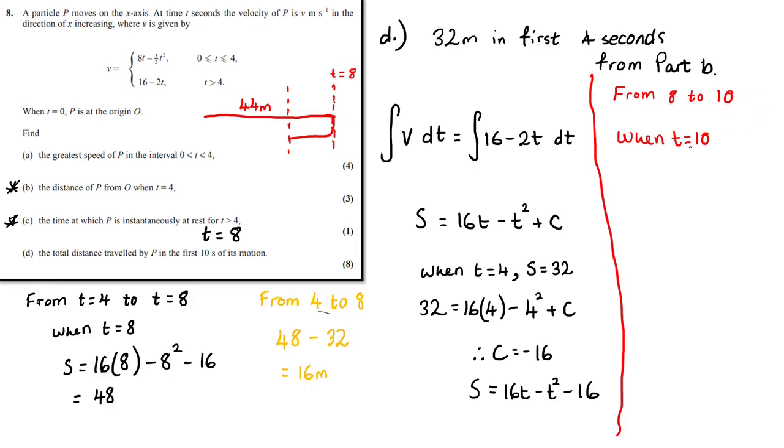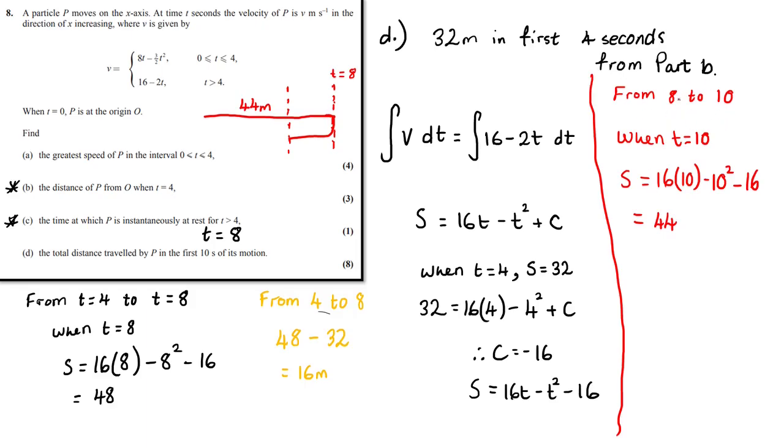So when t equals 10, we get s equals 16 lots of 10 minus 10 squared and then minus 16. Put that into your calculator, and what you should get for when t equals 10 is 44. We've got to be careful here, because what we want is from 8 to 10.